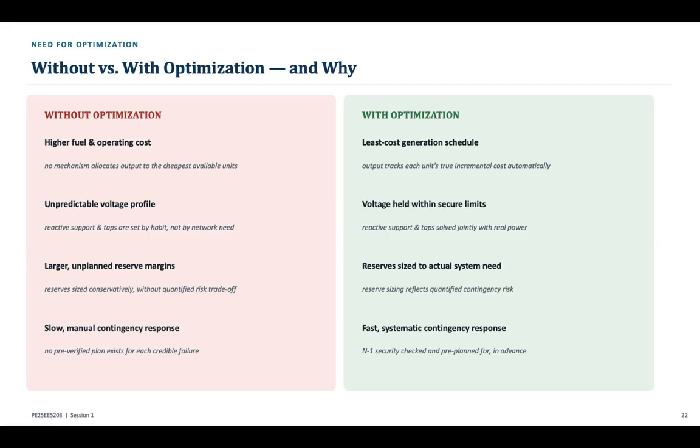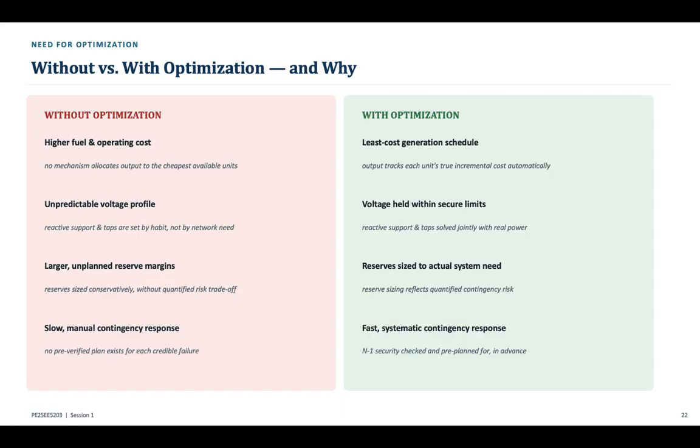The last one is the large and unplanned reserve margins. Without having a quantified risk trade-off, unplanned reserves need to be made large. Slow manual contingency responses, because no pre-verified plan exists for each credible failure.